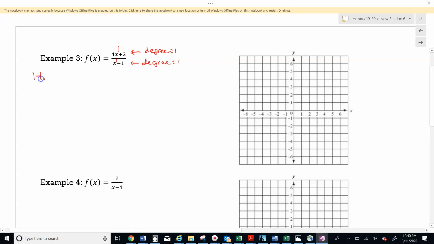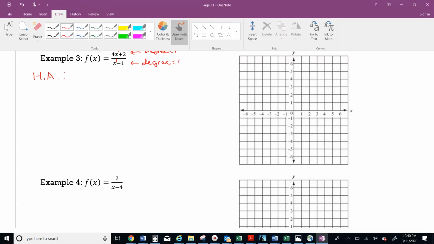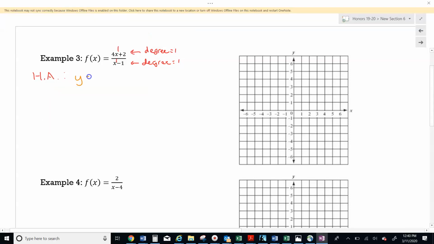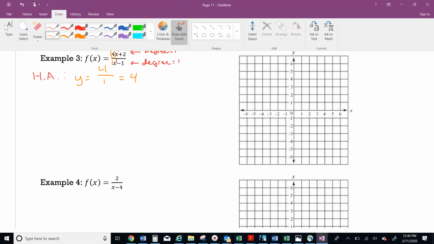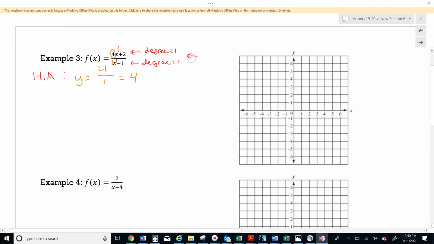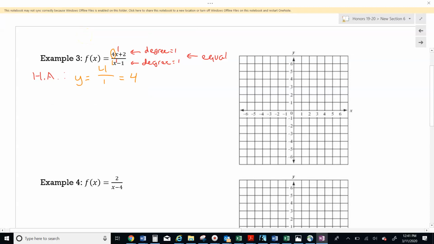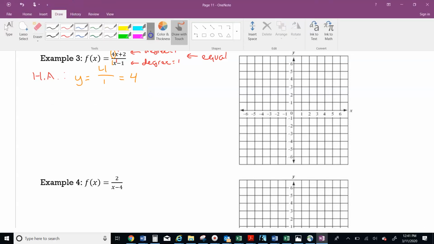So for my horizontal asymptote, y equals, there's a 4 over 1, which equals 4, right? Because these are the same. Perfect. Oh, and let's graph that. y equals 4.